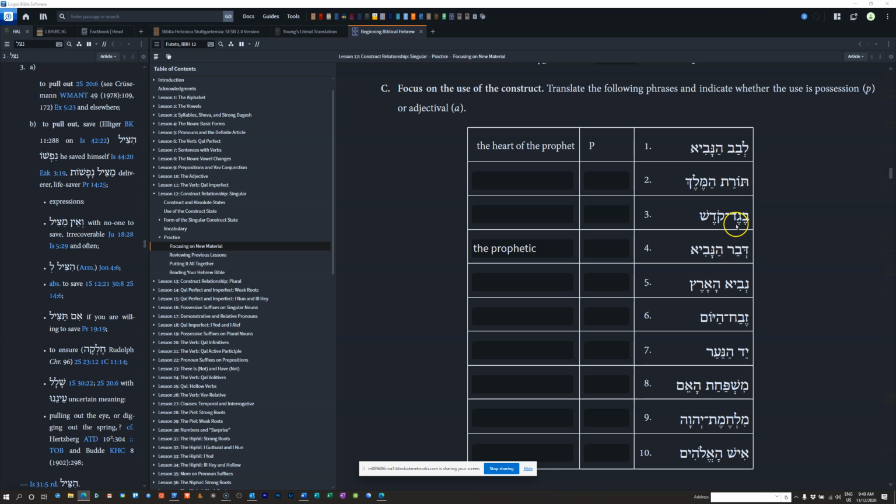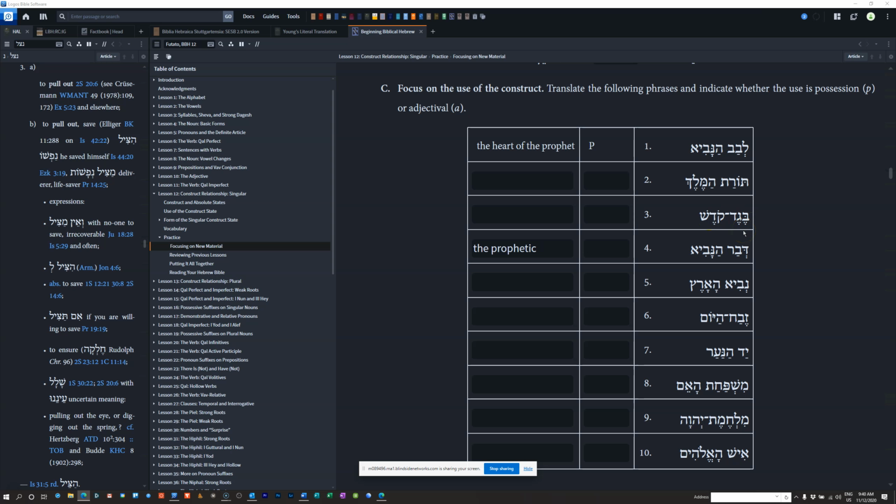Other words like Beged don't change the way they look. And so the only way to know that it's in construct is here we've got the makef, kind of a hyphen, is sort of how the makef functions. Fortunately, it looks like a hyphen. That kind of gives us a hint that there's a relationship between these two words. So that tells us that it is construct.